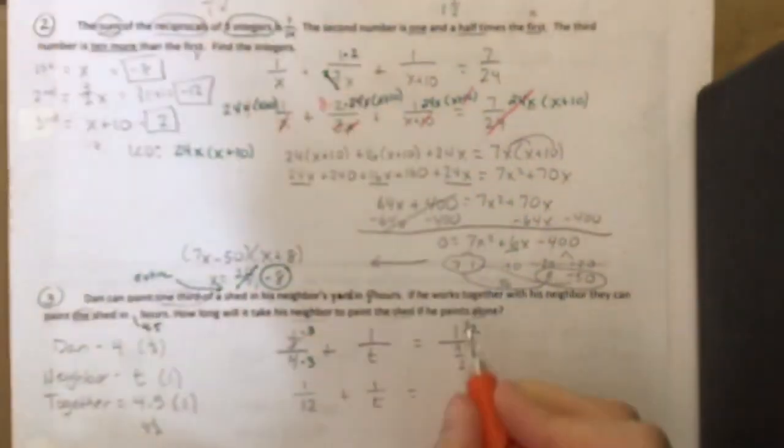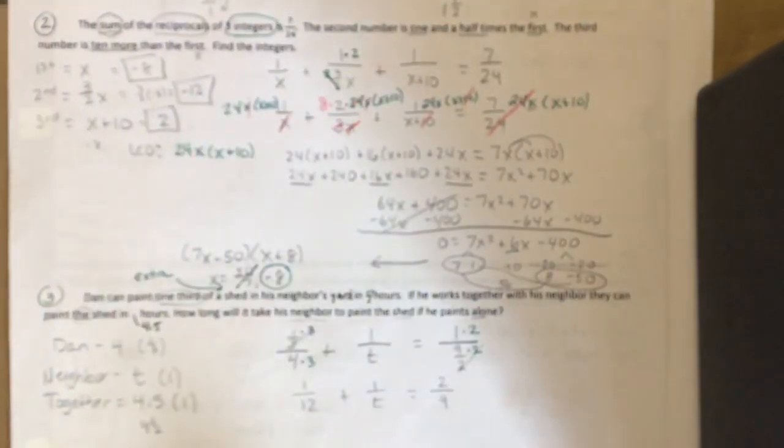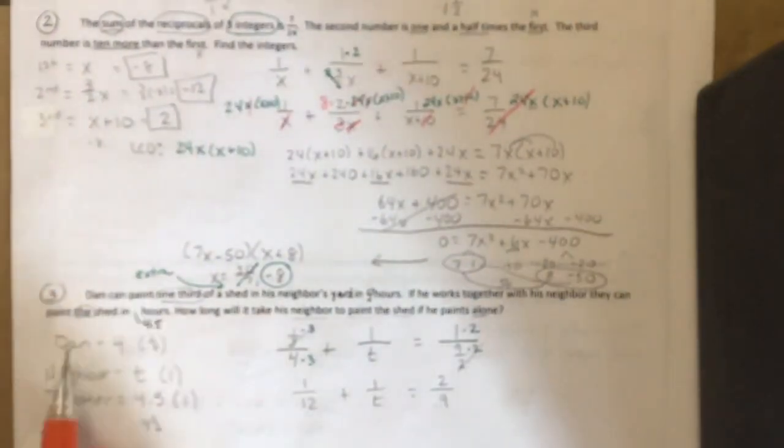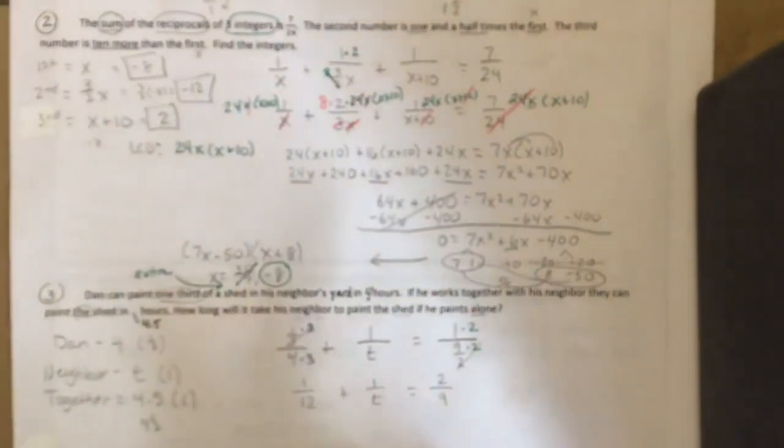Right, so up top I get 1 times 2, 2 over 9. Right, so that I don't have complex fractions. Okay, so this, we just changed this. Dan can do 1/3 the shed in 4 hours. Right? So then if I times by 3, it says, oh yeah, he can do a whole shed in 12 hours.